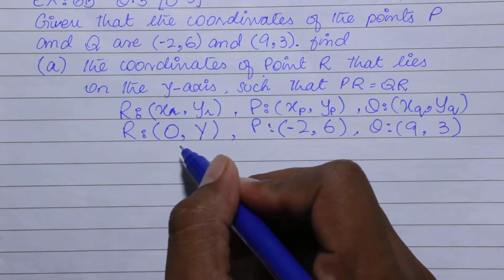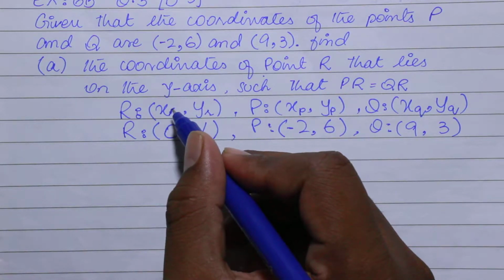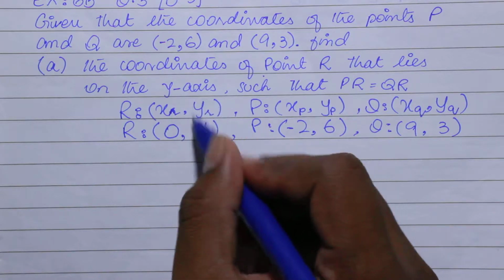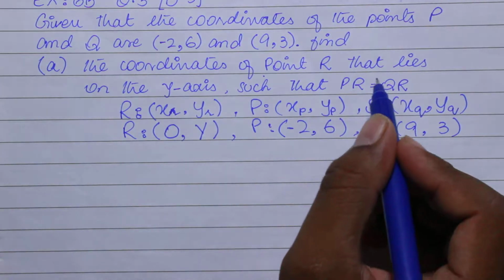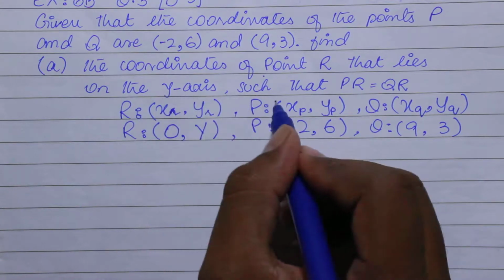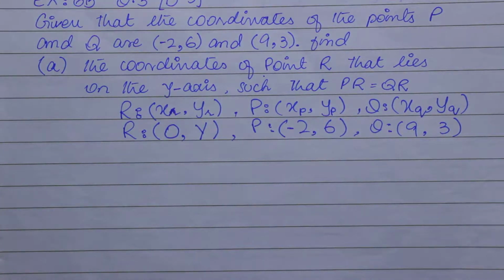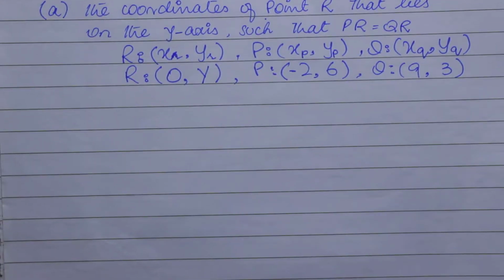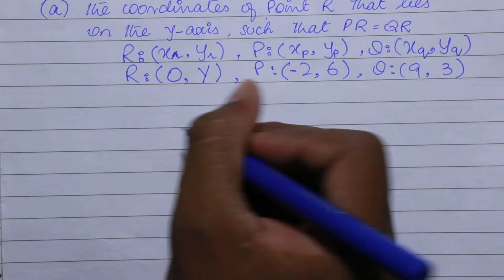I have already found that the x coordinate of R is 0. Now I have to find the y coordinate of R, so that R lies on the y-axis such that PR equals QR.